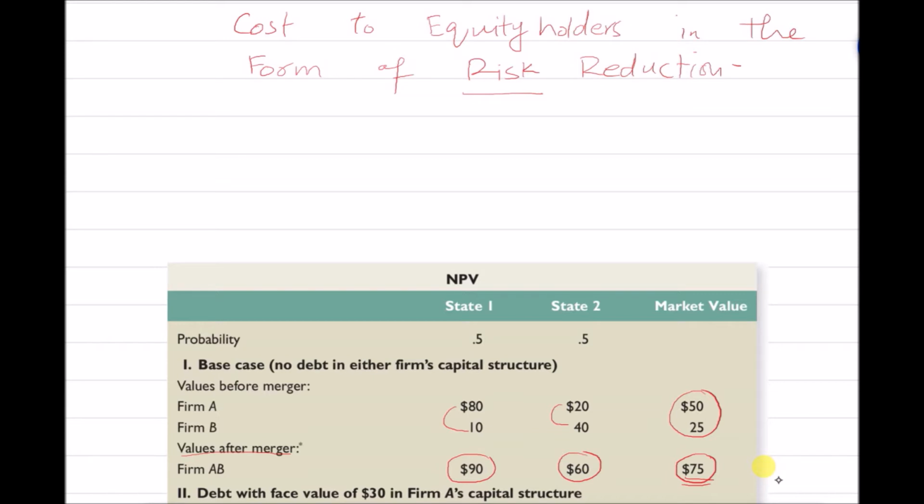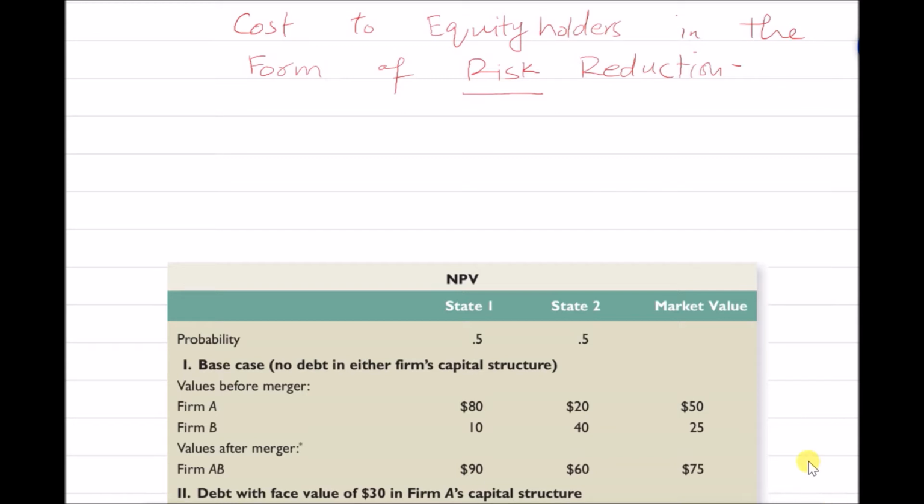We can get the 75 by multiplying them with their probabilities as well. Okay, this is the first case. We don't have any conflict between shareholders and bondholders in this case because there is no debt at all. So no reduction of risk, no cost to the stockholders in this case.